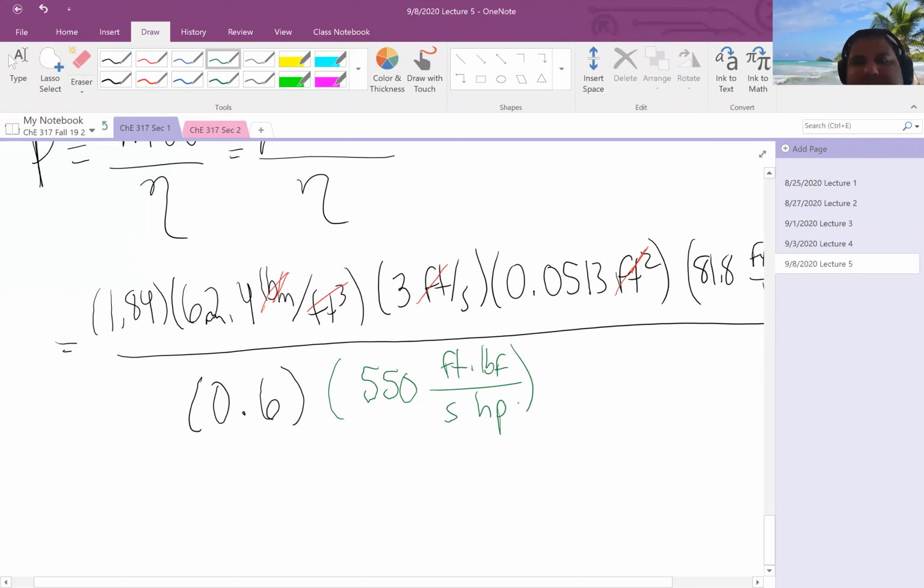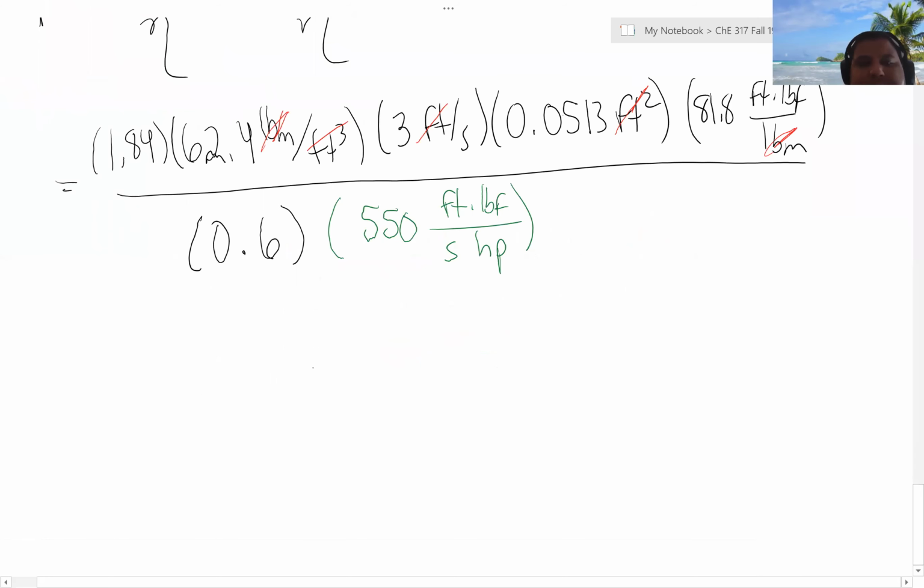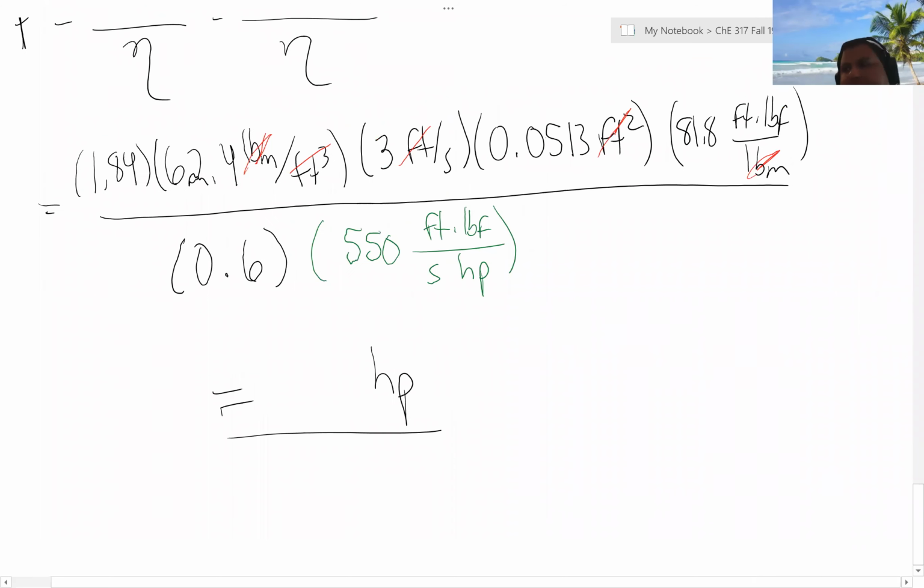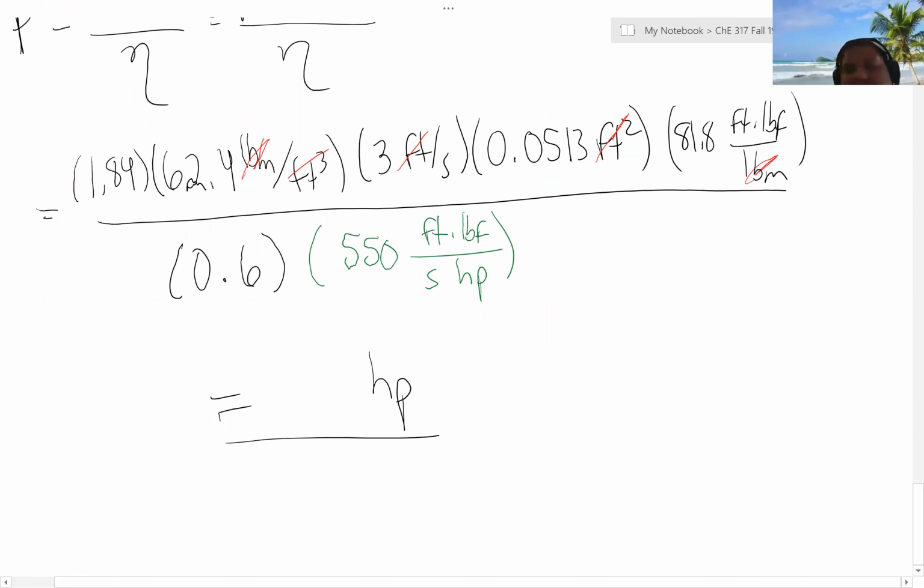And this will leave me with horsepower. So I do this math. I get approximately 4.4 horsepower.